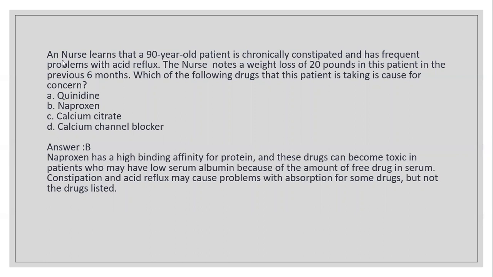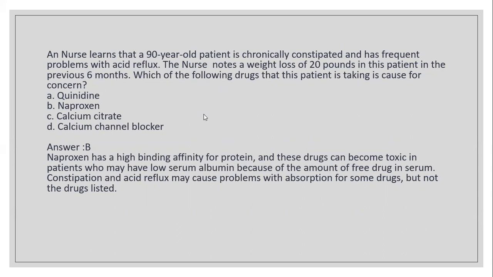So, question here: a nurse learned that a 90-year-old patient is chronically constipated and has frequent problems with acid reflux. The nurse noted a weight loss of 20 pounds in this patient in the previous 6 months.